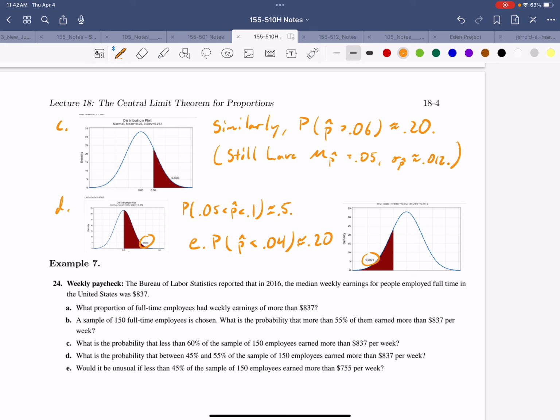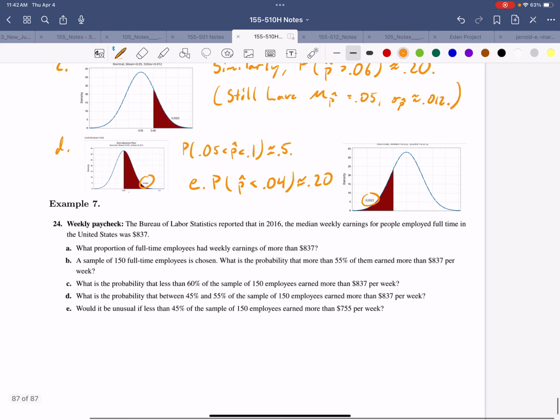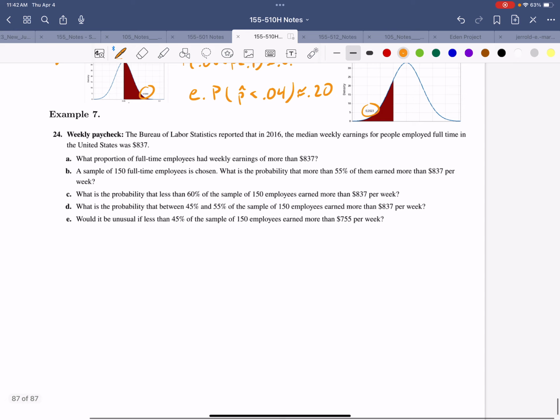Okay, so that's how you do problem number 20. Problem number 24, let's try to do this very quickly, right? Median weekly earnings is $837. Let's see, what proportion of full-time employees had weekly earnings of more than this?